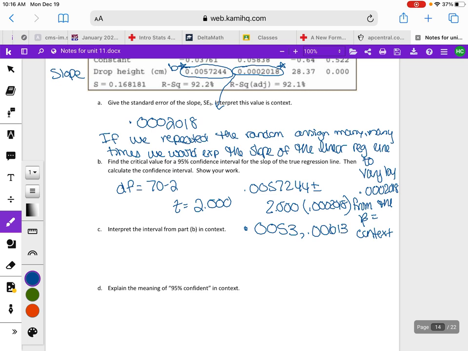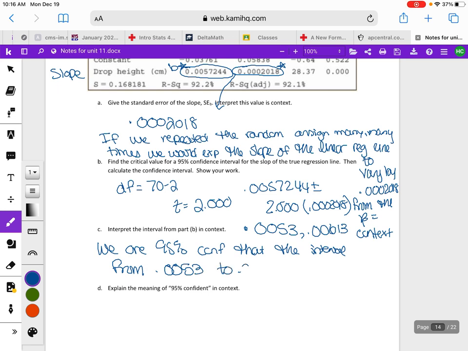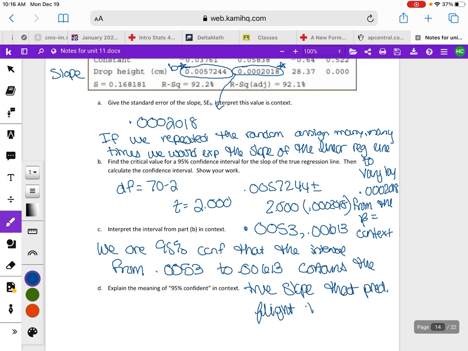And then we would say, we are 95% confident that the interval from 0.0053 to 0.00613 contains the true slope that predicts flight time from distance dropped.